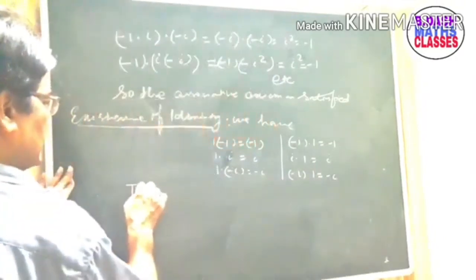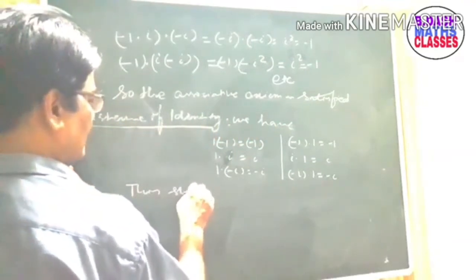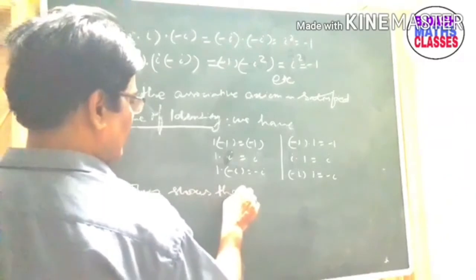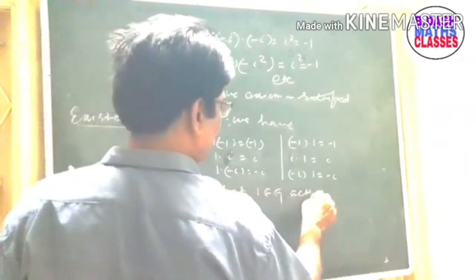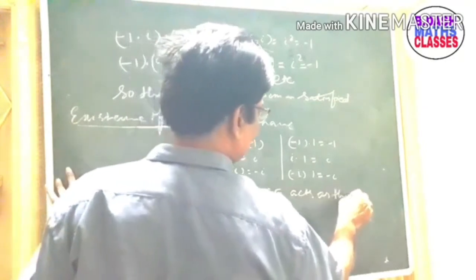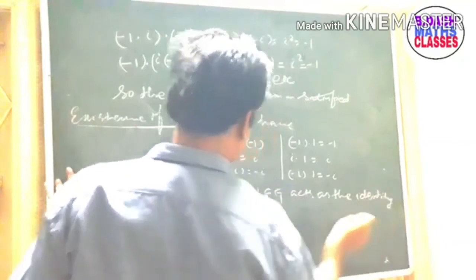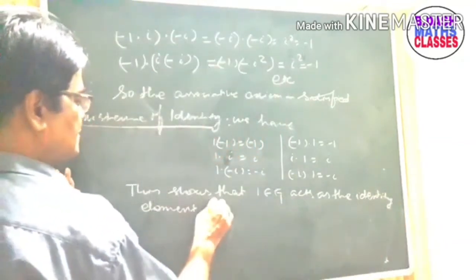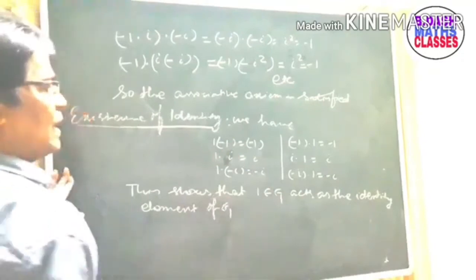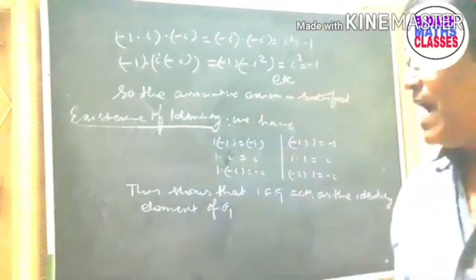So this shows that 1, which belongs to G, acts as the identity element of G. So here 1 will be treated as the identity element.